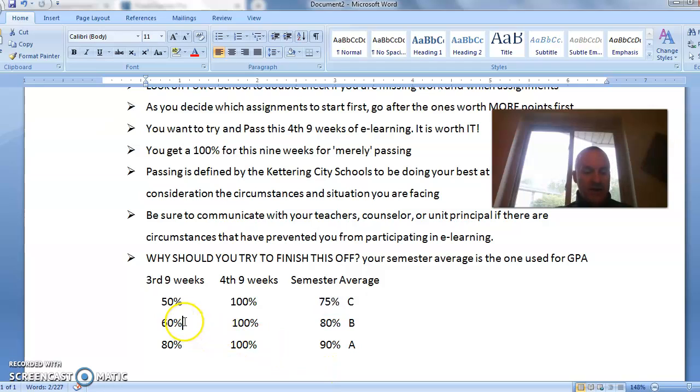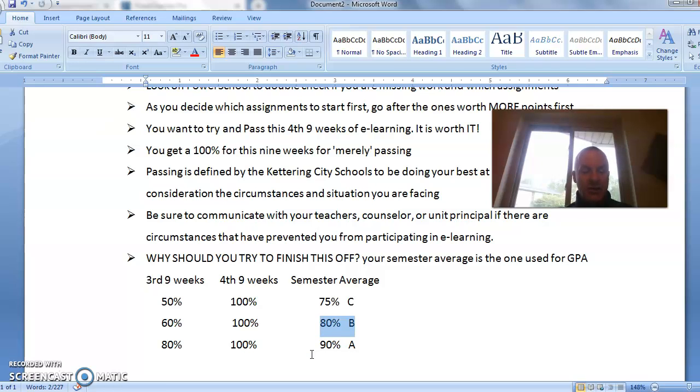Some of you might have had difficulty your third 9 weeks, but passed with only a 60%. You're like, well, I passed, I'm good. Well, you are good. But what we want you to know is if you participate in the e-learning and get your 100%, that 60% averaged out with 100% will yield an 80% for your semester, the one that goes into your GPA.